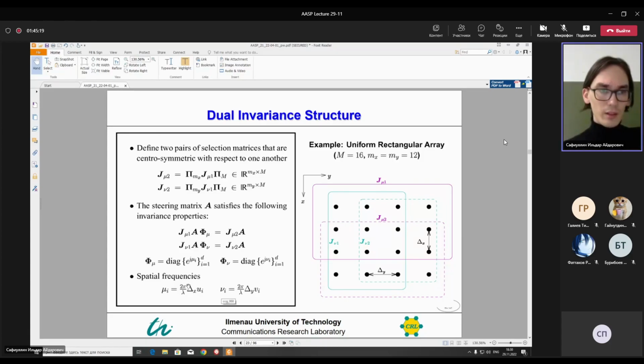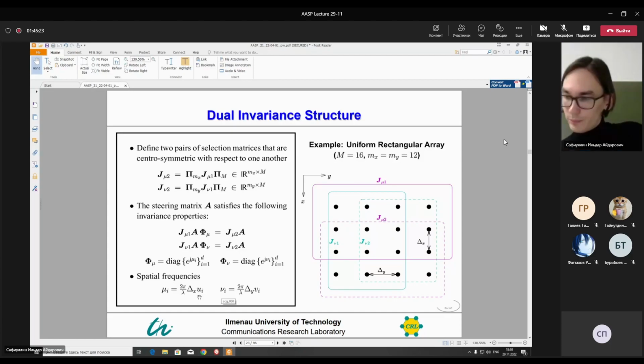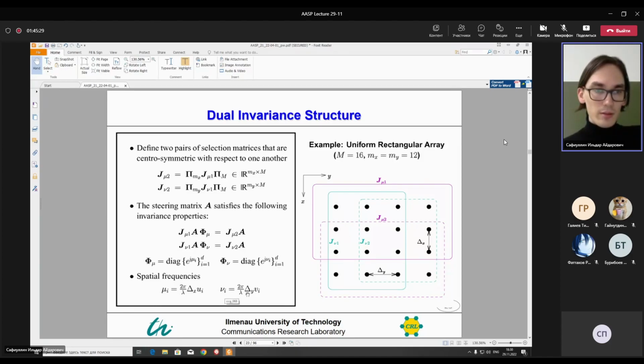You can see here with delta sub x and the projection onto the x-axis, it is u sub i. And for mu i, it is for the y-axis. So you can see here delta sub i and the projection onto the y-axis, v sub i.